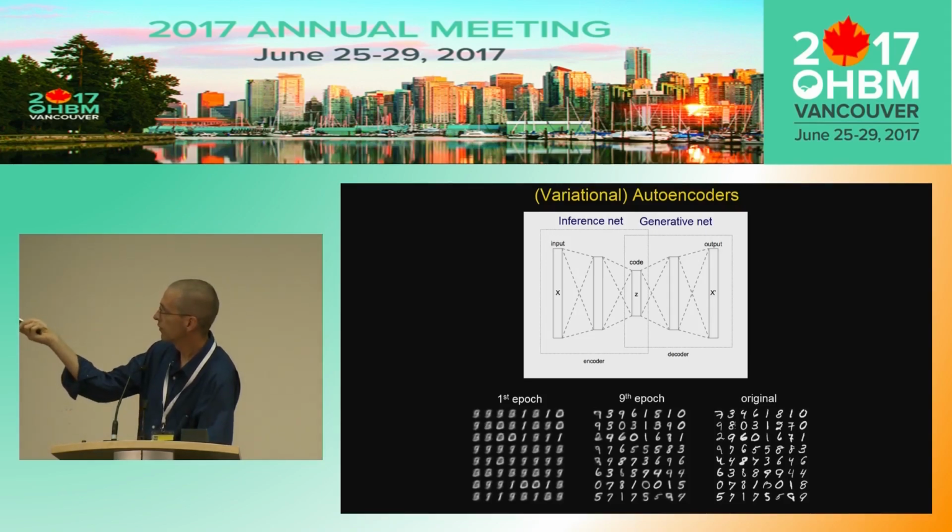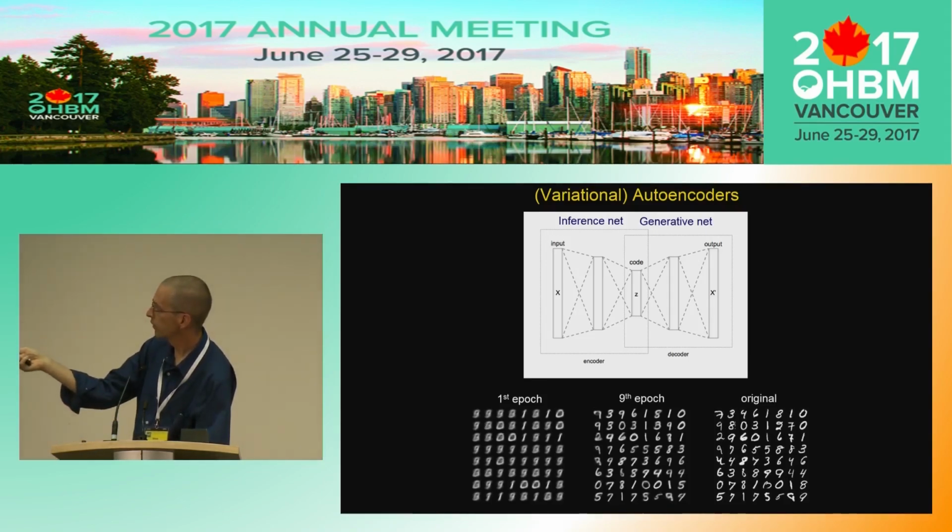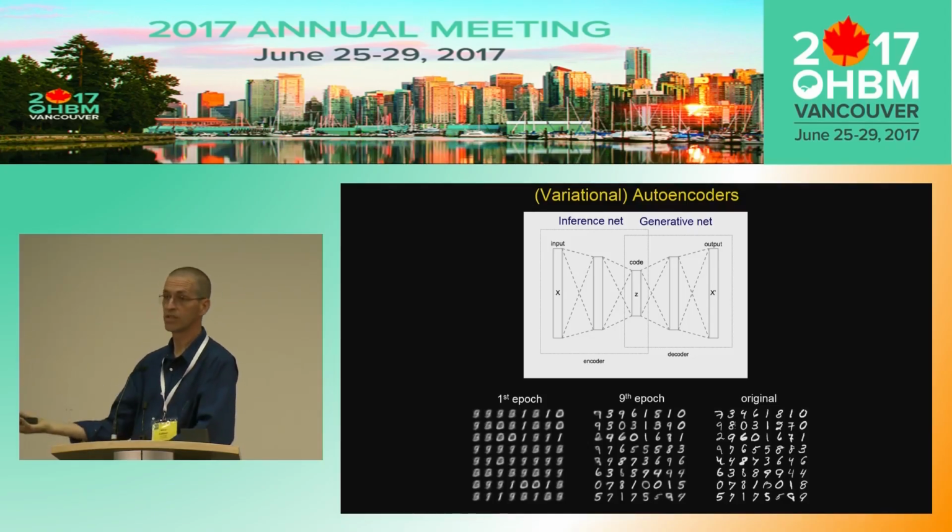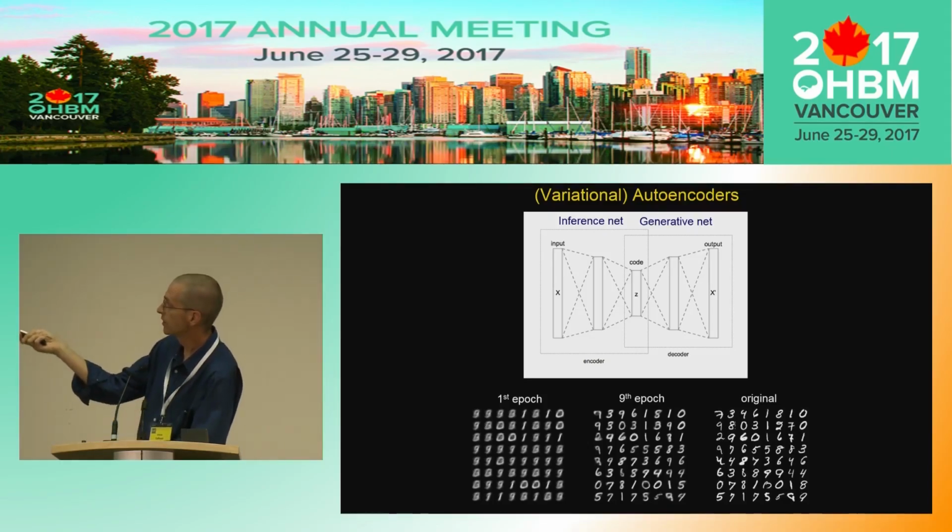It does it with this kind of in-and-out model, where you have the full data going in here, and then you're reducing it down to a smaller number of nodes, and then this one here in the middle is the code that in the end is supposed to be representative of, or fit well to, your data. And then you reverse that process to the output so that it can look at how well it represents your data.